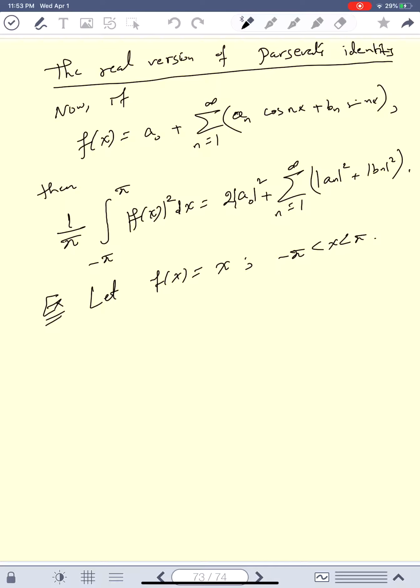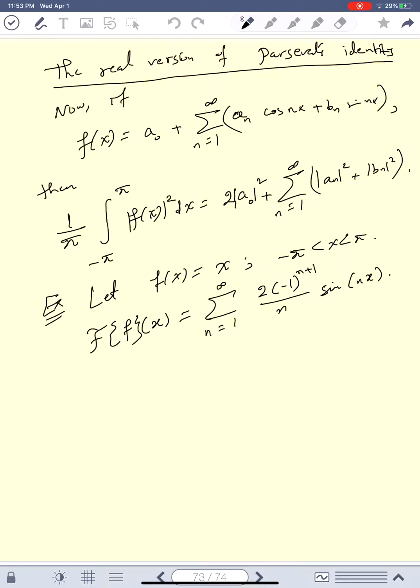If you remember, the first example in this chapter about the Fourier series was finding the Fourier series for this function. It was the sum from 1 to infinity of negative 1 to the n plus 1 over n times sine nx. This is the real Fourier series of the function x.